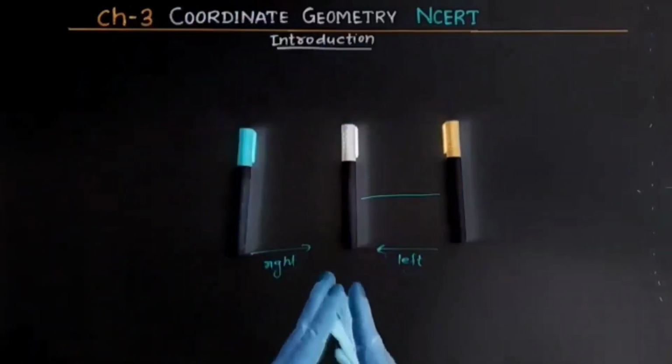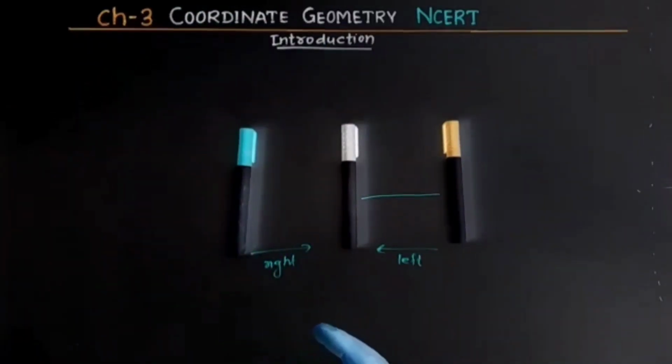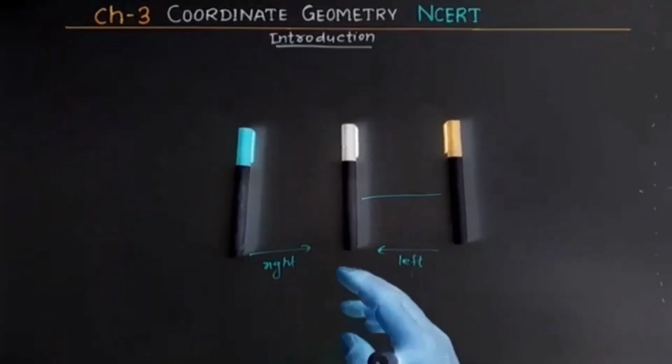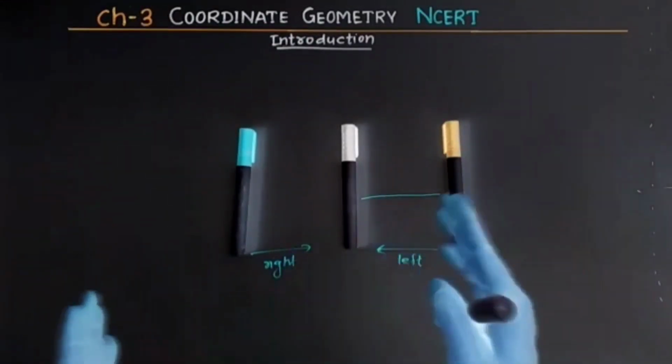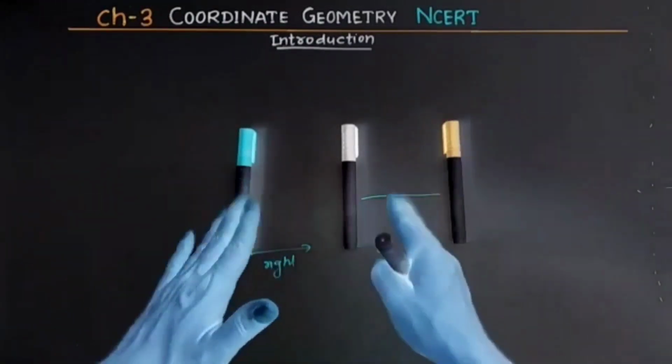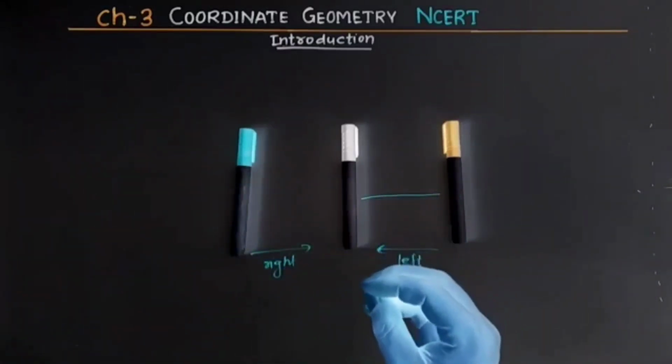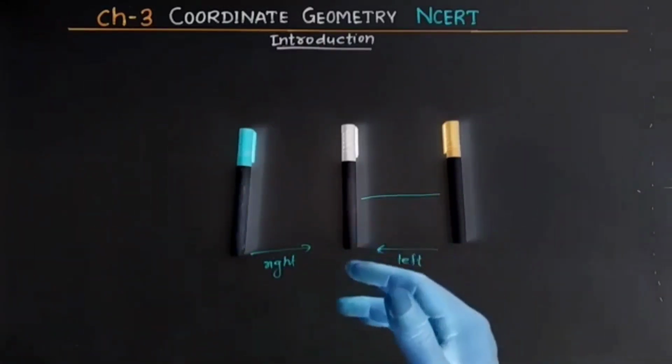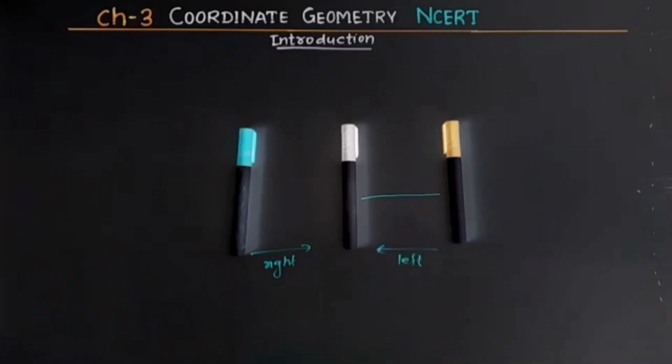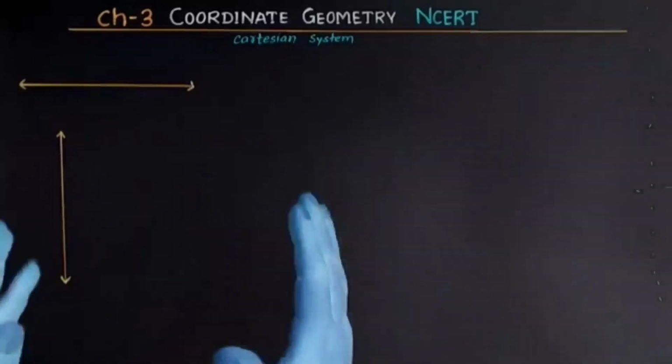So we can identify the position or location of any place with the help of coordinate geometry. In this way, coordinate geometry is very useful in our practical, day-to-day life.